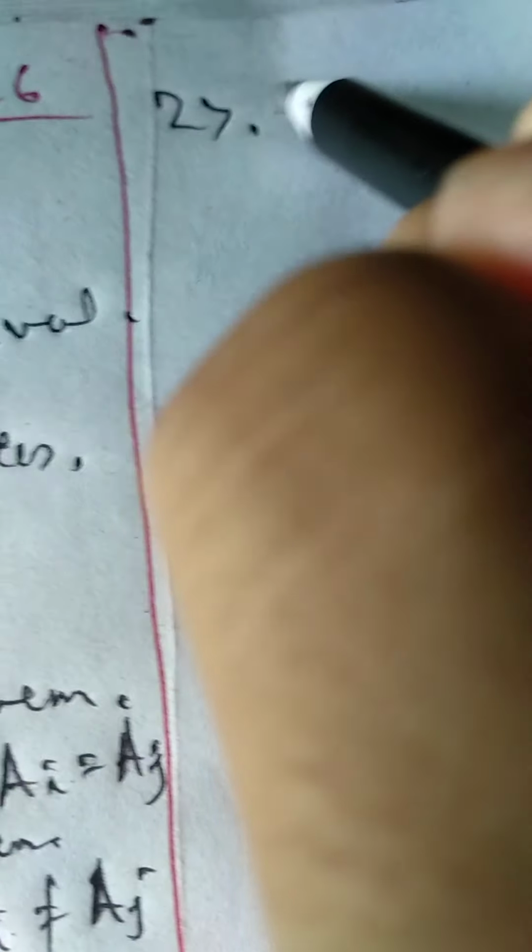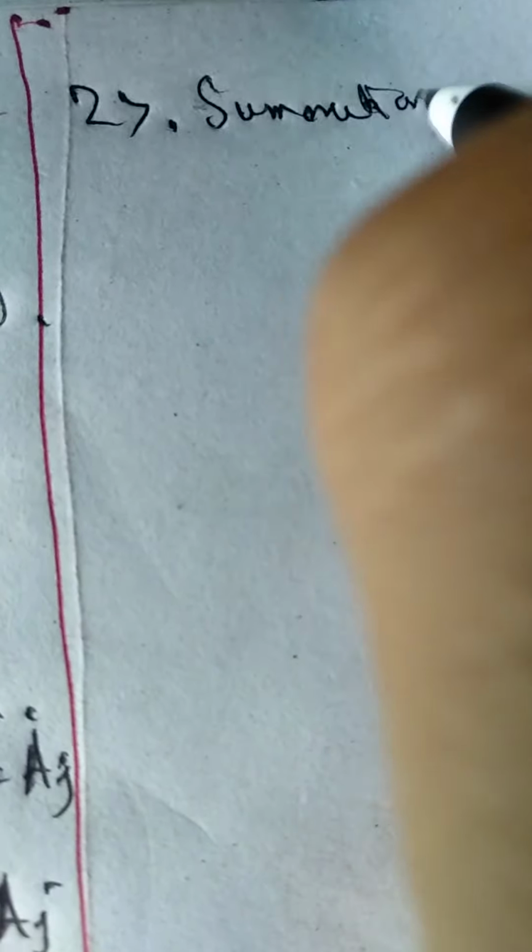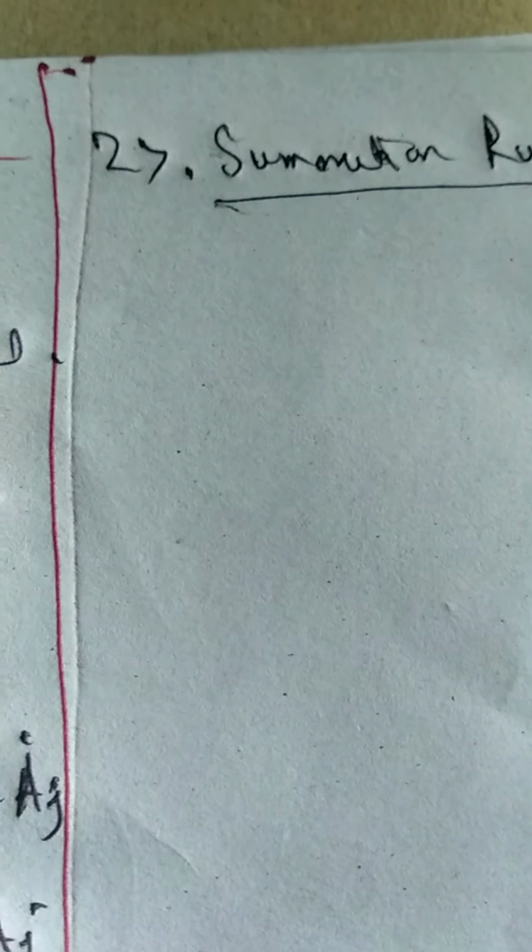The second relation or the second law is the summation rule. Now, as you already know, the radiation analysis of a surface requires the consideration of radiation coming or going in all directions. So we have to consider all types of radiation coming in or going from a particular surface.